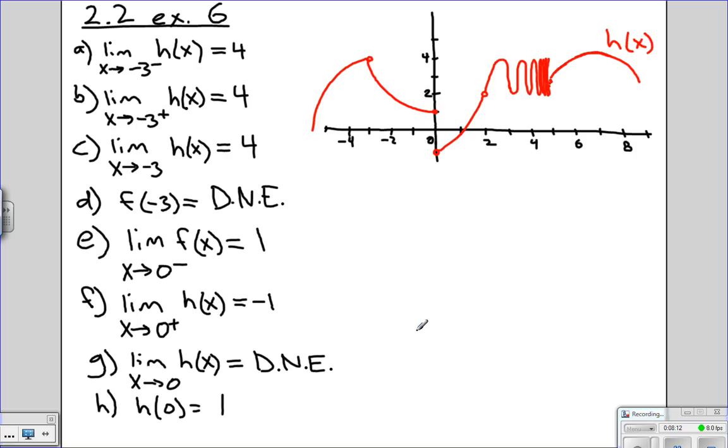Okay, now let's get into the good stuff. Oh, actually, no, let's move up to x equals 2, and then we'll deal with this x equals 5. What the heck's going on there? So let's go to part I. Part I says the limit as x goes to 2 of h of x.